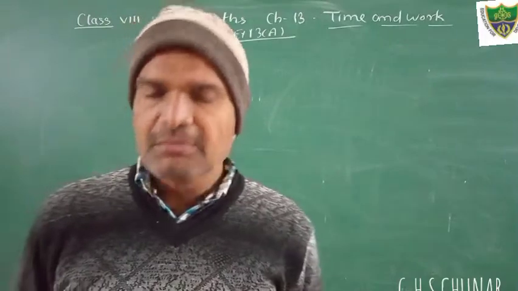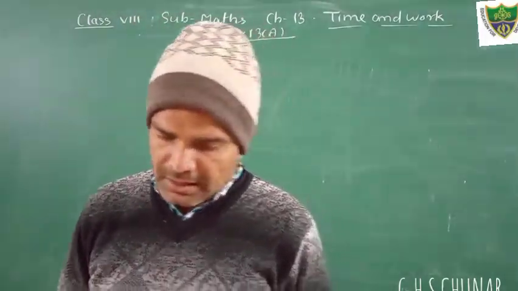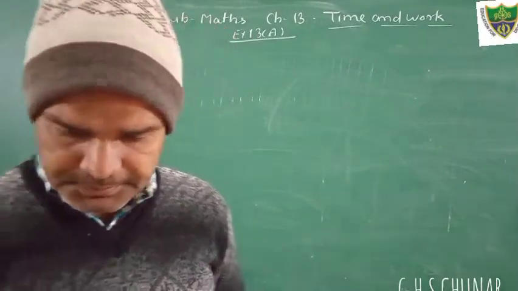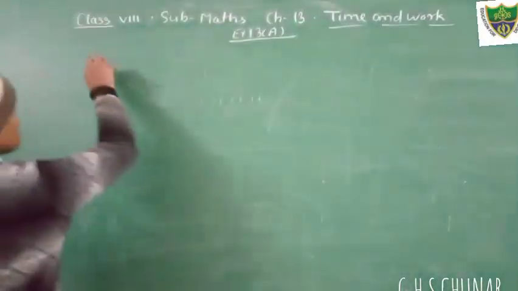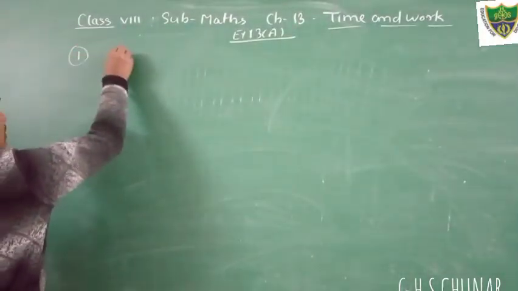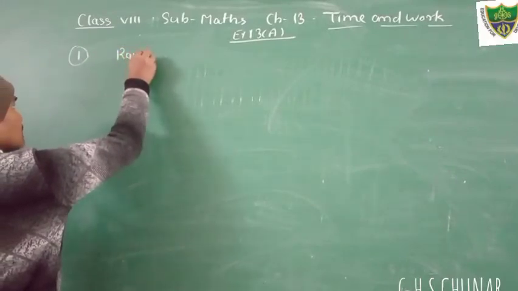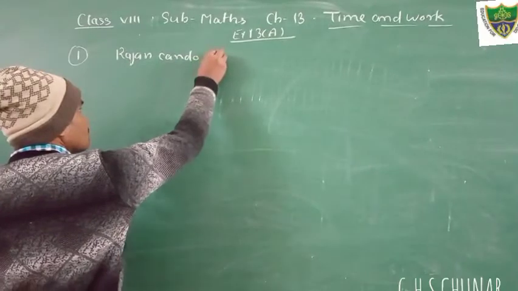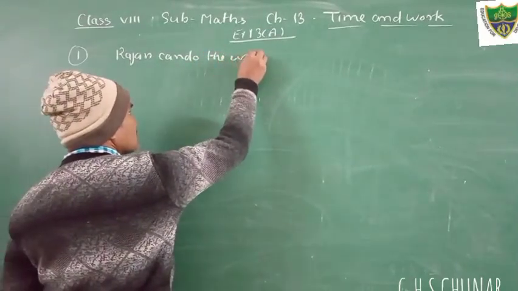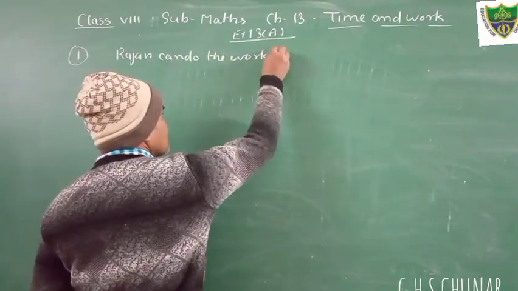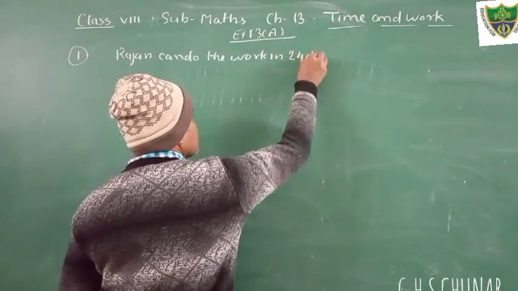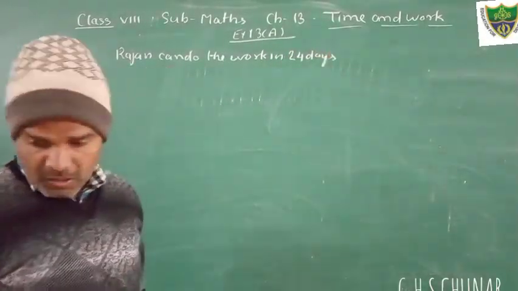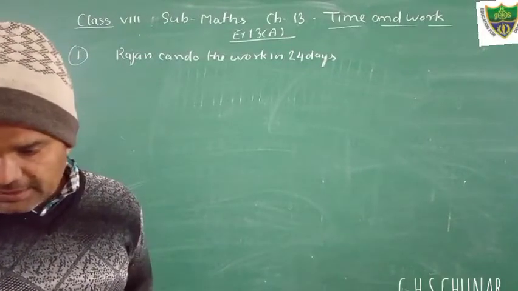In question number 1, it is given that Rajan can do a piece of work in 24 days.